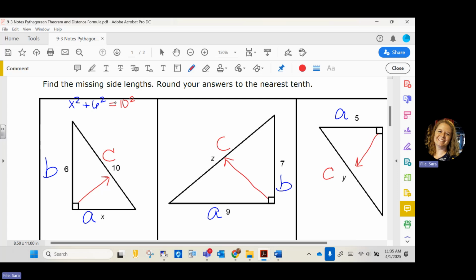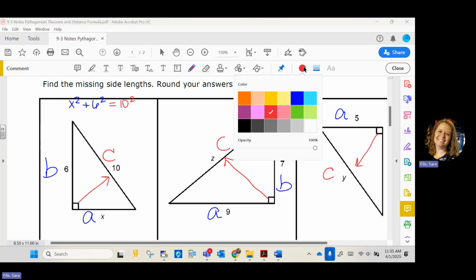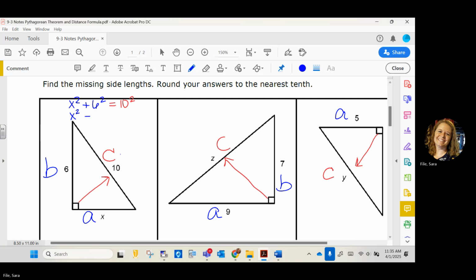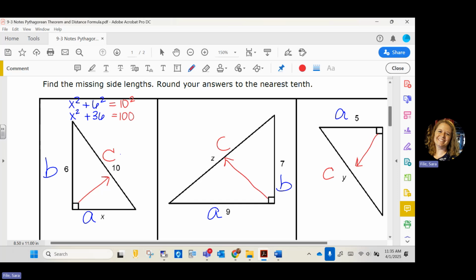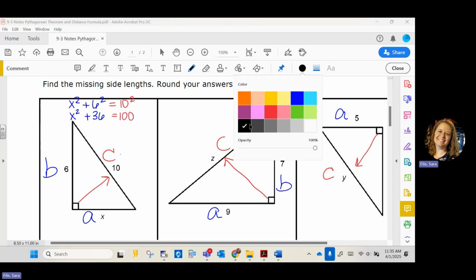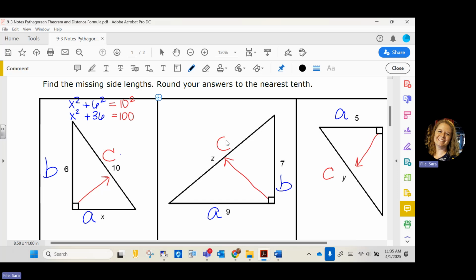Okay, so now I calculate the squared values. 6 squared is 36. 10 squared is 100. Okay, and now I start solving. If your missing piece is the C term, like in this next one, you're just going to add these two numbers and that's it.